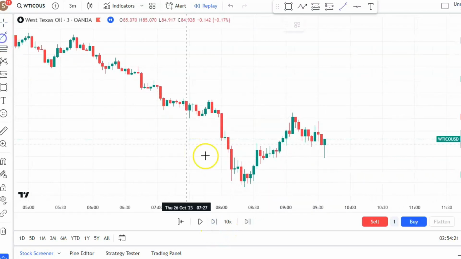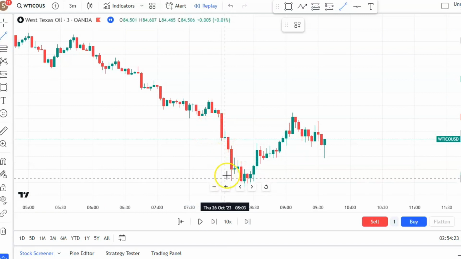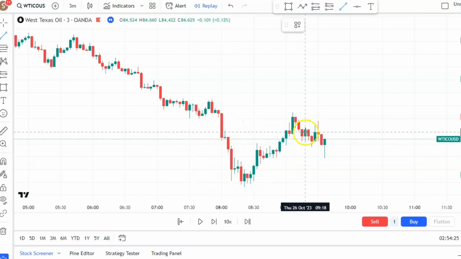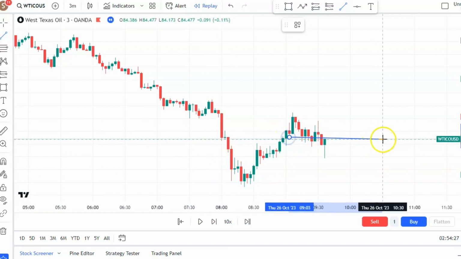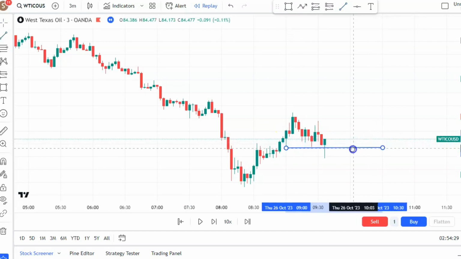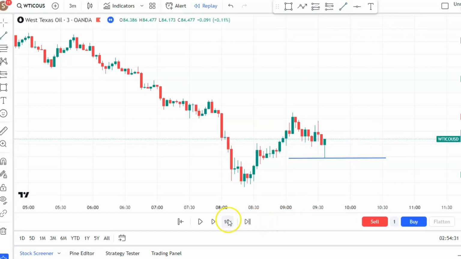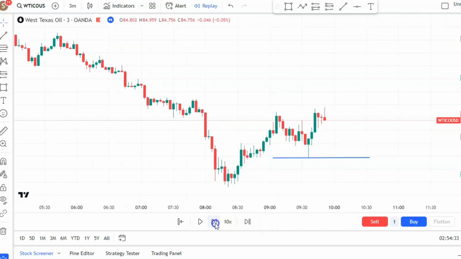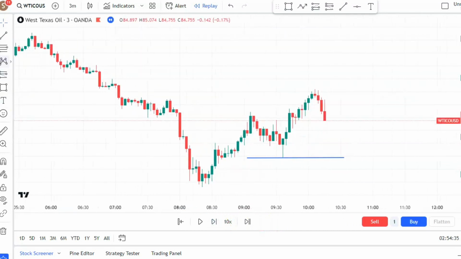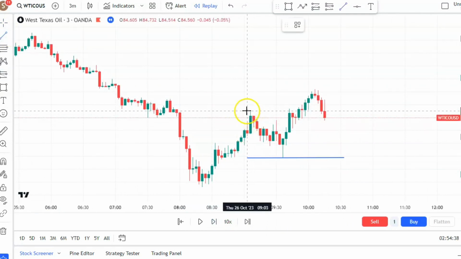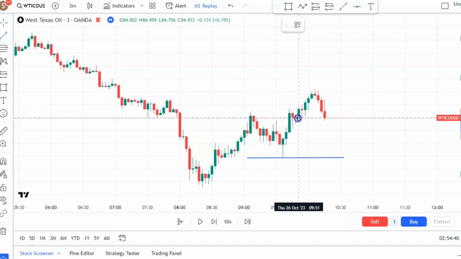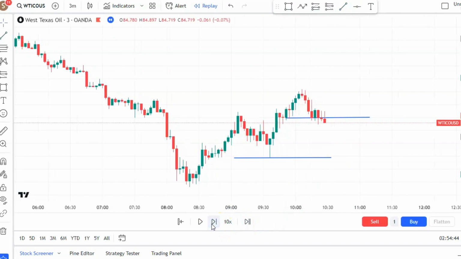Right, so at 9:30, where do we have our most recent low? This is the most recent breakout, broke out there. I want to see a break of this low. And okay, price continues going higher. That is my most recent low now.